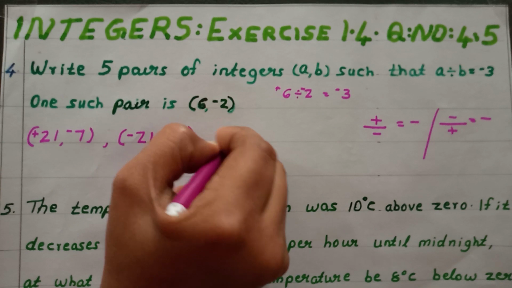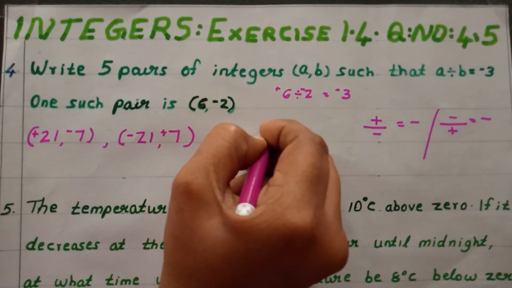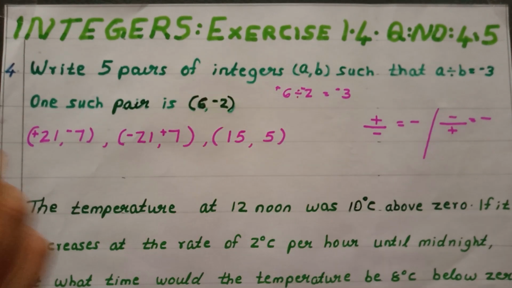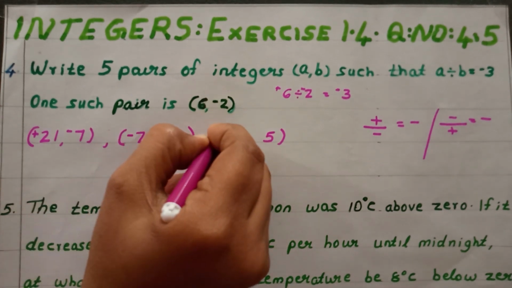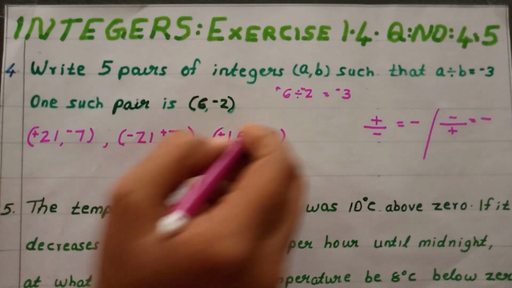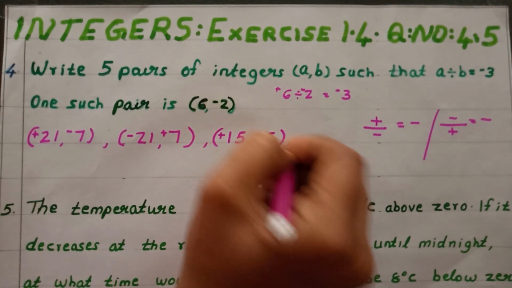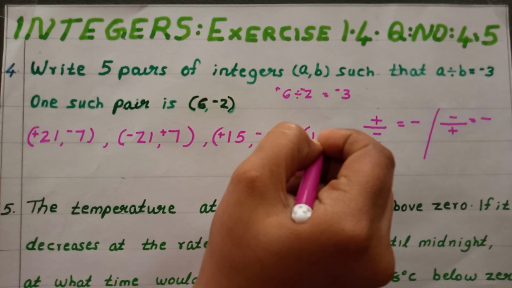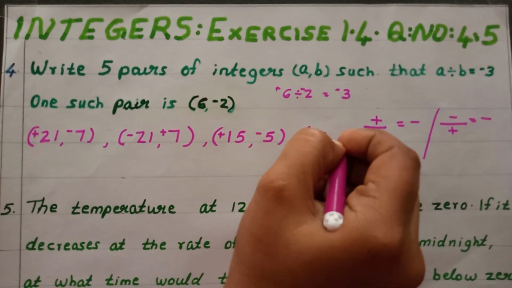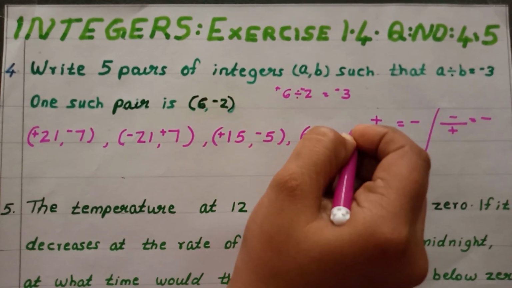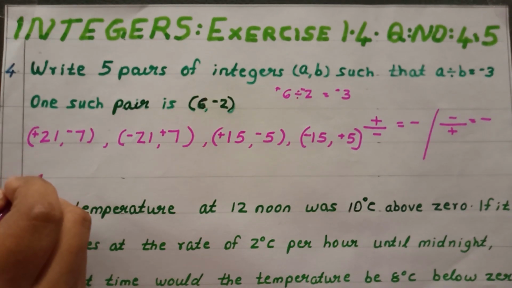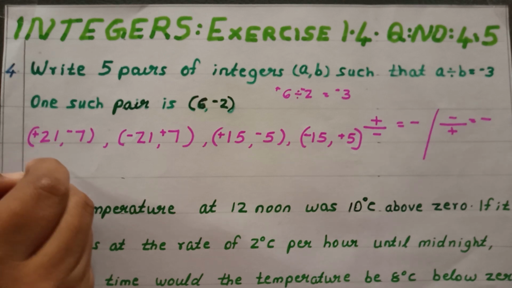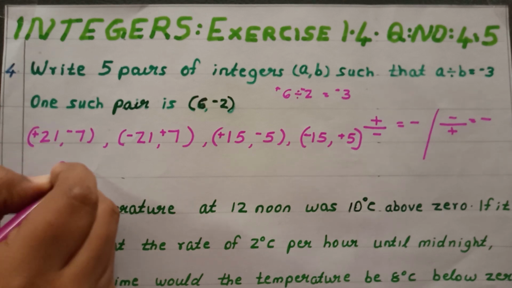Then, 15 and 5. 15 divided by 5, answer is 3, and I am assigning positive 15 and negative 5. Otherwise, you can assign negative 15 and positive 5. Then 9 and 3.